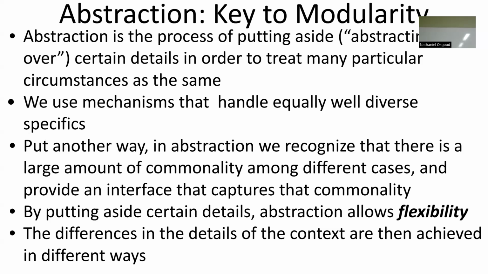And by putting aside those details, by allowing us to handle a variety of particular cases equally, abstraction allows flexibility. The same abstraction captures many particular circumstances, and we can go between those circumstances without having to modify the abstraction.